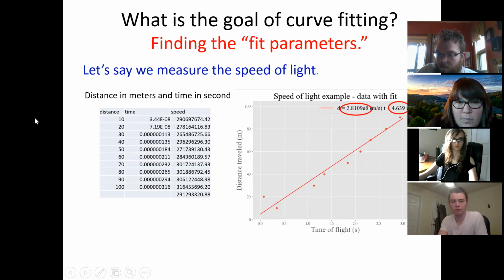So we know in our case that the time is going to have a much smaller percent uncertainty compared to the distance for our data set right here.